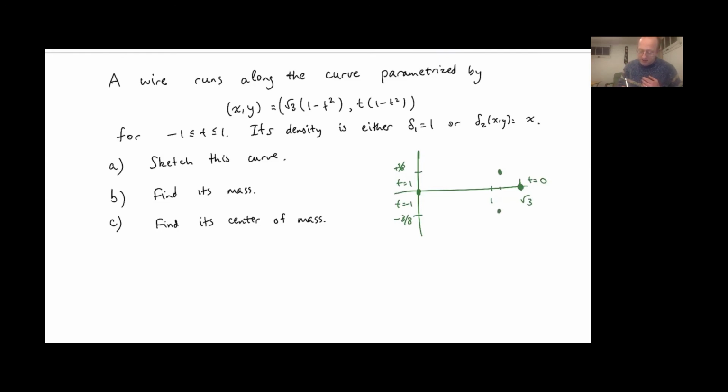And that's what happens when t is minus 0.5 or plus 0.5. All right, so this is maybe not a super accurate drawing, not to scale or anything, but it's a sort of teardrop shaped loop, something like that.